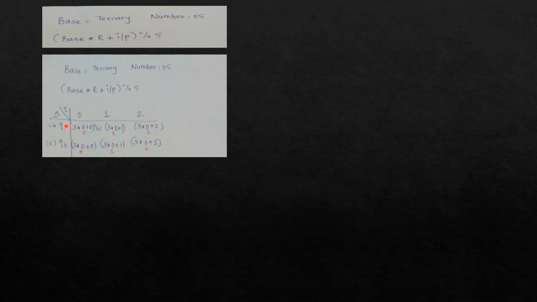So let's begin. The table we have is S cross I. S is our states and I is our input. Since the number system that we are dealing with is ternary, the input will consist of 0, 1 and 2. As you can see here, the base is 3 into remainder. Remainder will be 0 since we are in QS state, plus 0, which is our input for the current column. Mod 5.